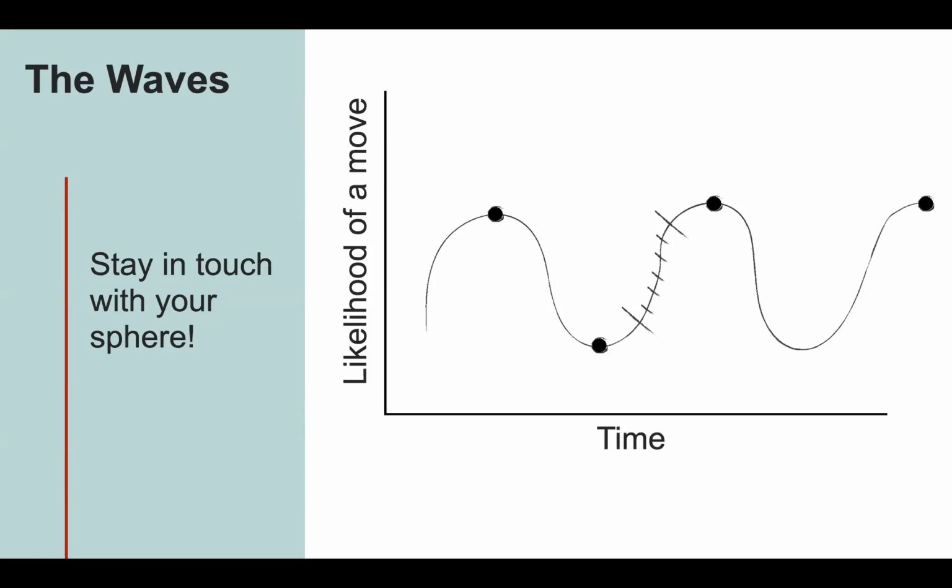All right, and so the peaks that you see, the black dots on the screen, are actually the moment when a person moves. The likelihood of a move then moves into a trough, but over time, the likelihood of a move builds back up again. It goes up, comes down, just like the market.